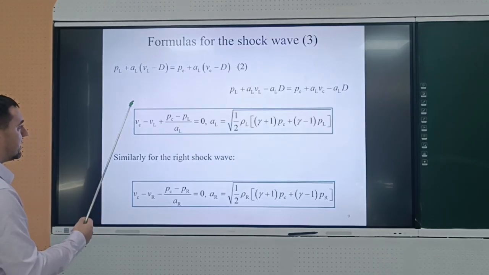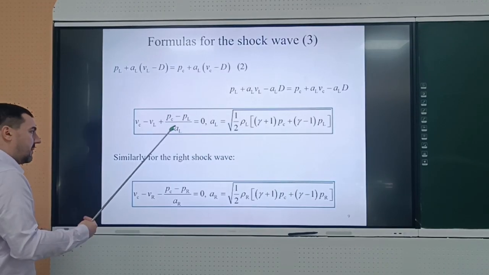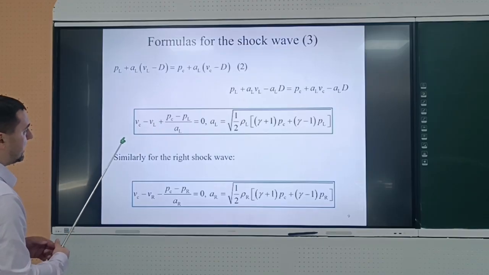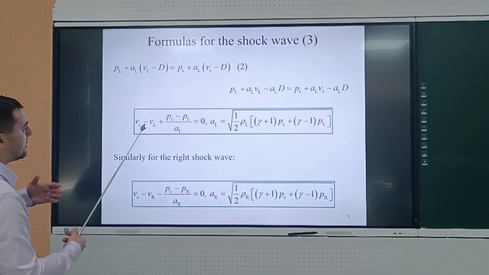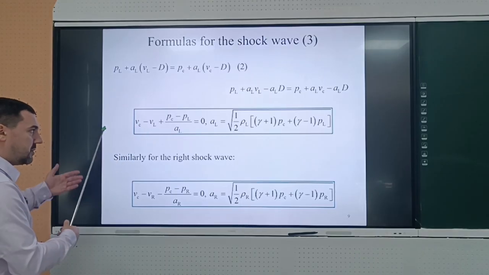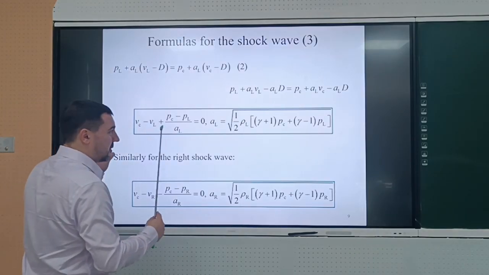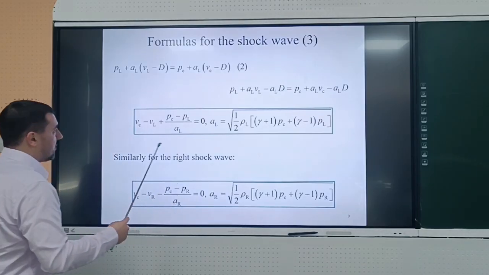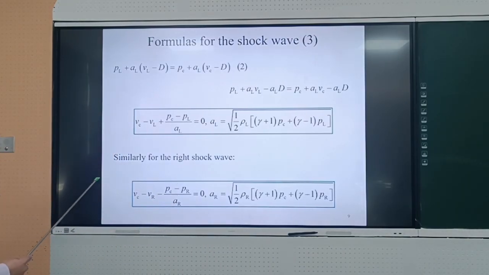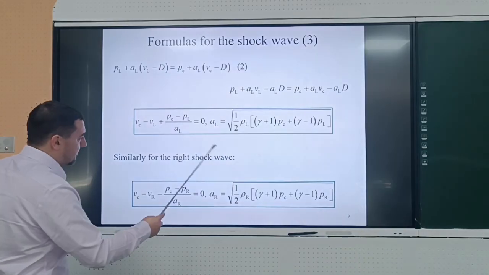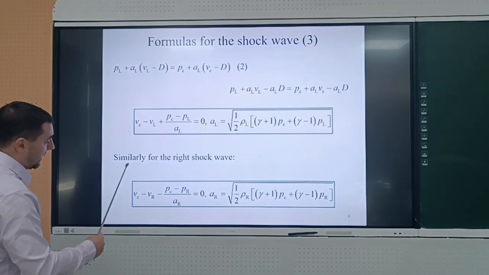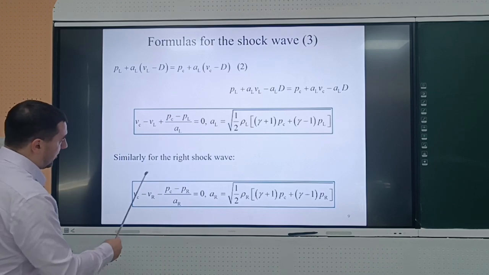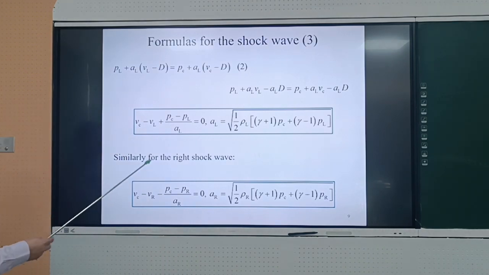So if you have a shock wave, the relationship between the pressure and velocity behind the shock wave with those in front of the shock wave, for the left shock wave, can be found from this expression. We can consider in a similar manner the right shock wave and obtain the relationship for pressure and velocity for the right shock wave.